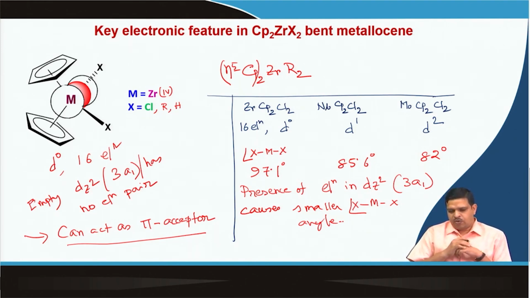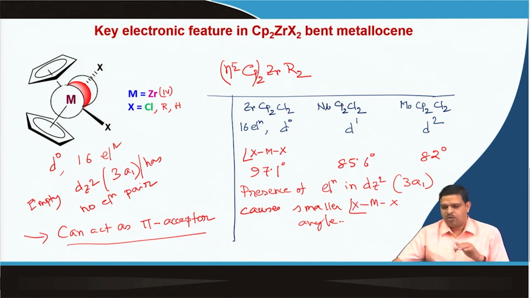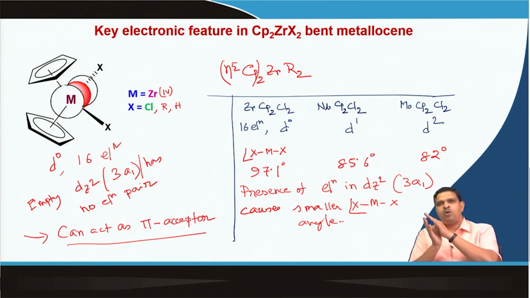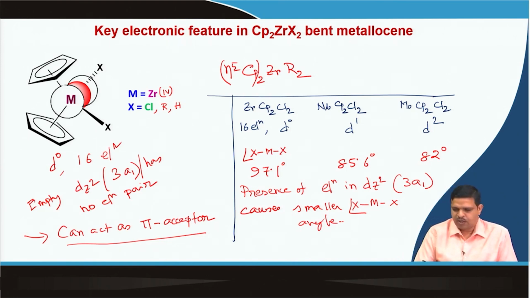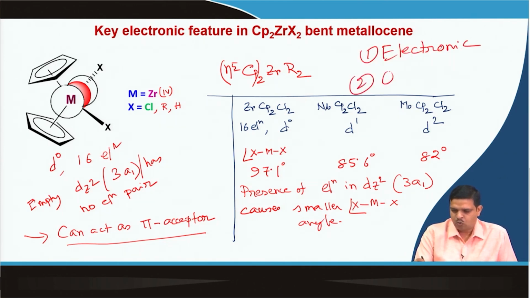Fine. So, if there is an electron in the dz square orbital, it has two impacts. One is the electronic, and one is the openingness of the metallocene wedge.